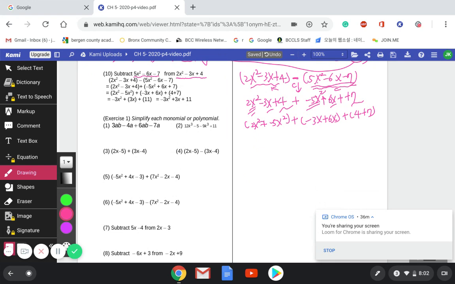So 2x squared plus negative 5x squared becomes negative 3x squared, plus negative 3x plus 6x is 3x. Sorry, I wrote it wrongly. It's negative 3x squared plus 3x plus 11. So the final answer becomes this.